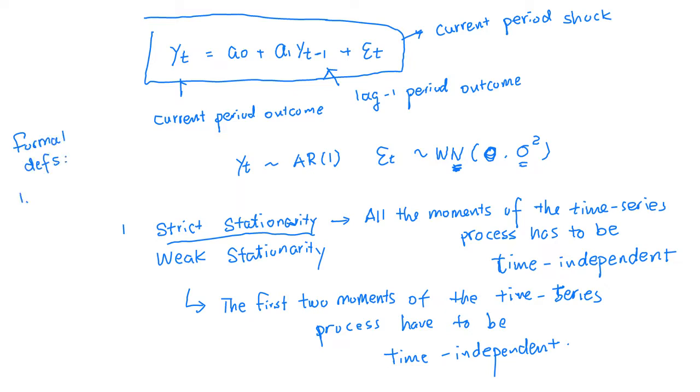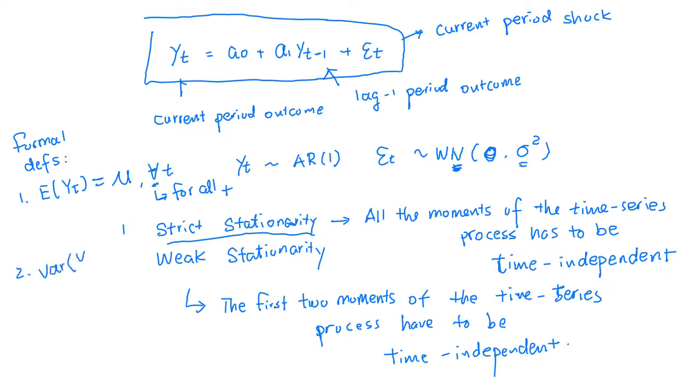It will look like the expectation of the time series variable has to be mu for all t, right? This reversed A notation means "for all" in mathematics. Okay, for all t. And what else?